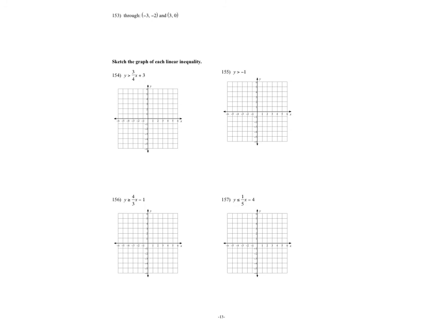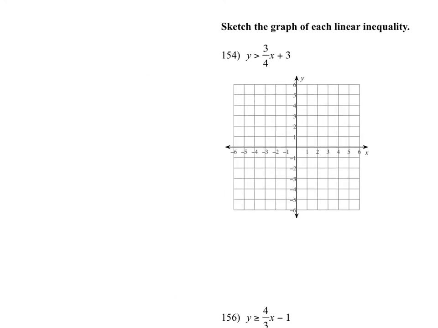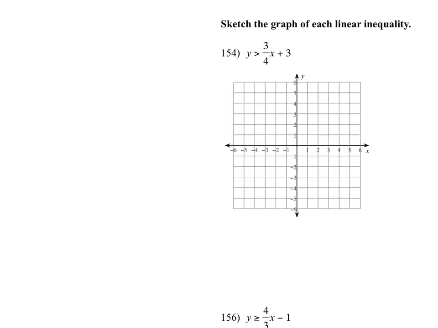Great, let's start with graphing inequalities. So again, you're still going to graph the inequality the same way that you would graph a y equals mx plus b equation. So I'm going to start off with number 154. And I know that my y-intercept is what I start off with.